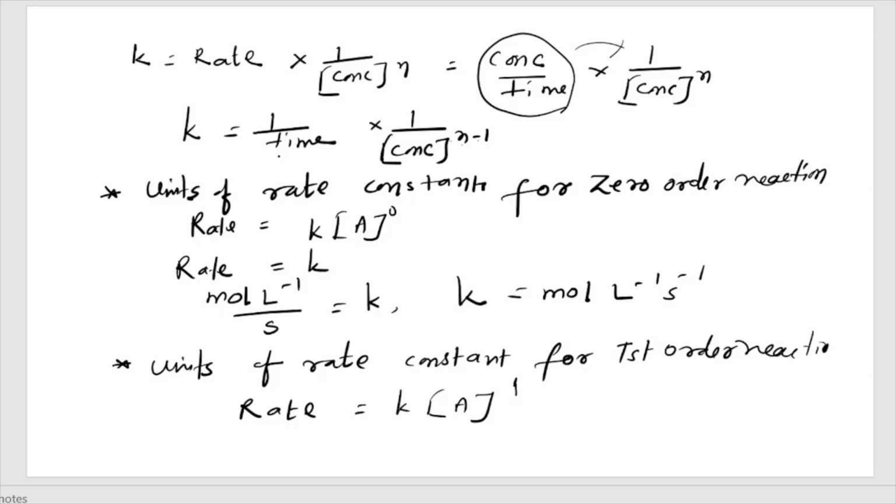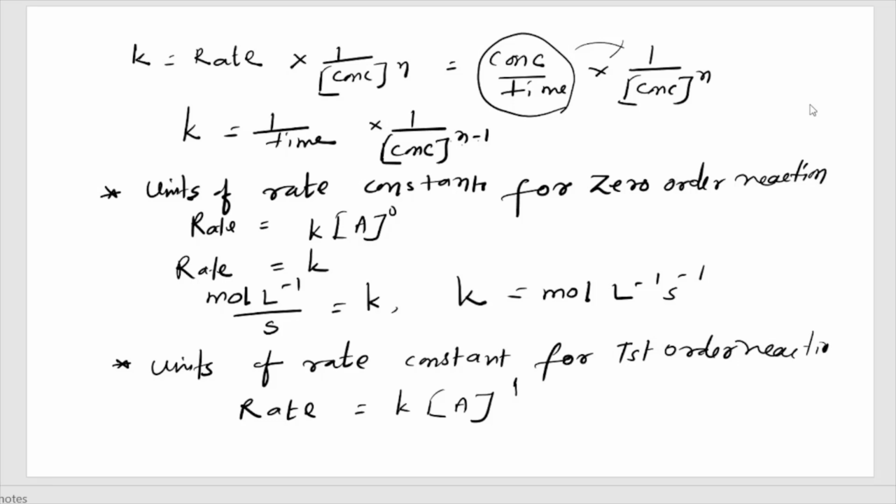For the units of the rate constant for zero order, rate equals K times a to the power 0.